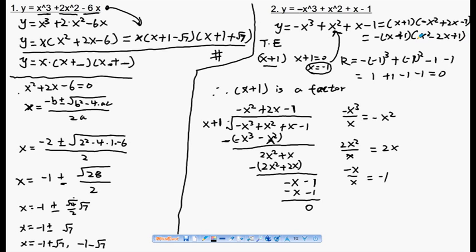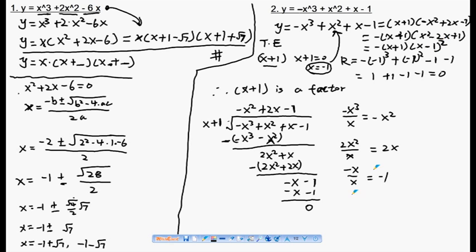This quadratic is a perfect square, which I can factorize as x minus 1 squared.